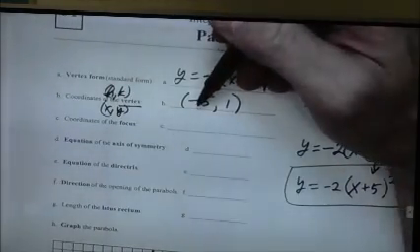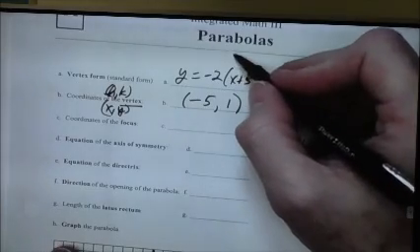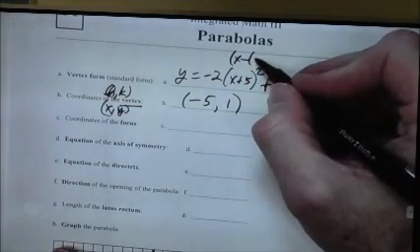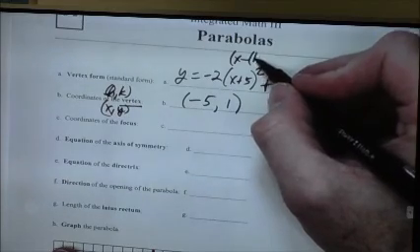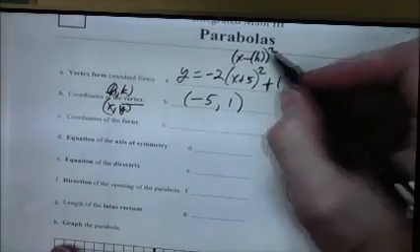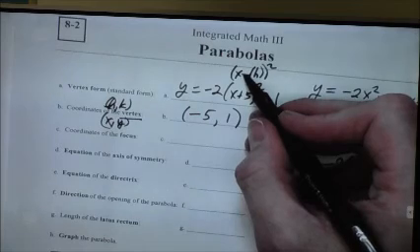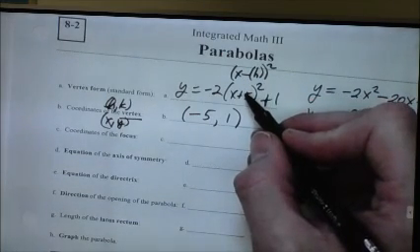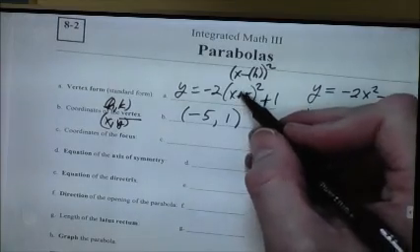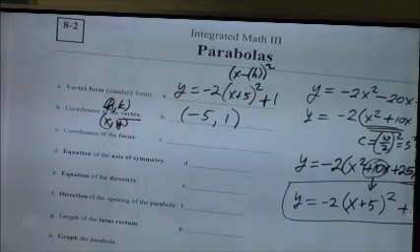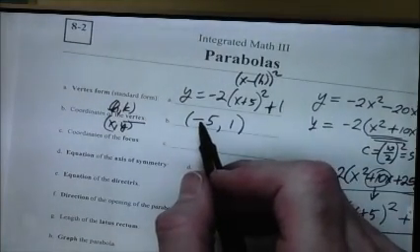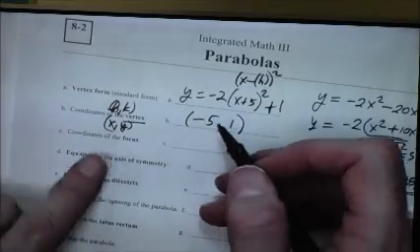So I have to change the sign, and the reason is that the formula is x minus whatever the h is. So I'm going to put in parentheses to show, for that to be a minus, this would have to be a negative 5 in order to make it result in plus. So the reason it's plus is because it's supposed to be negative, which sounds really weird, but it's because there's 2 negatives. And when you take the number out, you have to revert it back to the first negative that it had. So that's the vertex.